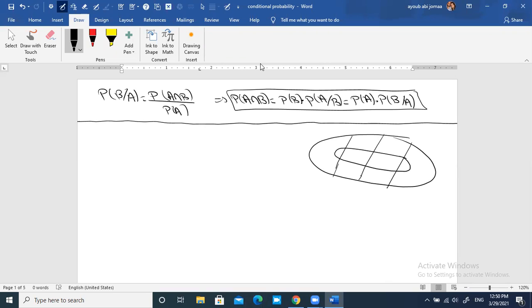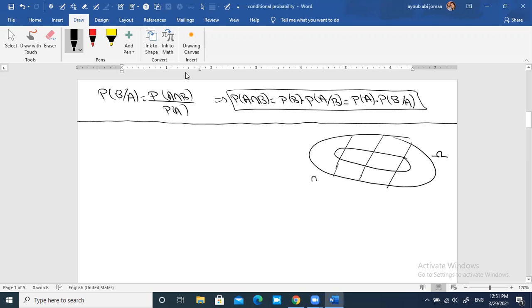Okay. To explain the idea of the total probability graphically or geometrically, you have the sample space and assume that this sample space is divided into a partition.